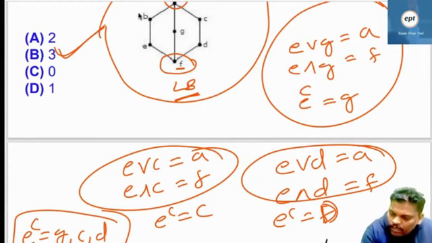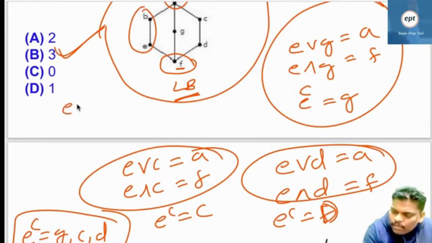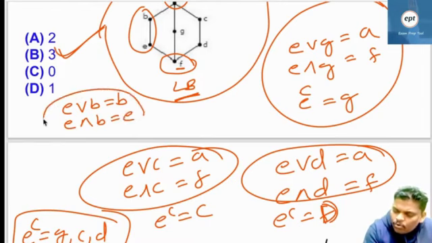Now, if you want, you can verify these two elements. E and B: if there is an edge, the upper element is the LUB and the lower element E is the GLB. So the upper bound and lower bound are not coming.